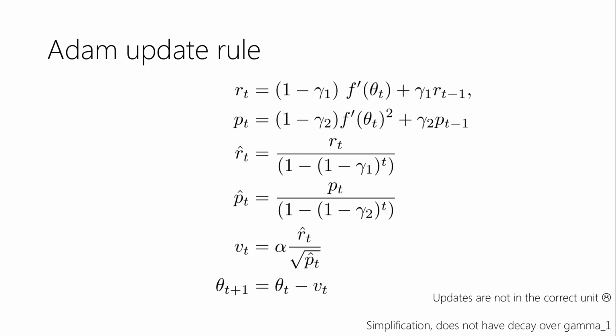Our method is designed to combine the advantages of two recent popular methods, AdaGrad, invented by Duchi et al. in 2011, which works well with sparse gradients, and RMSprop, invented by Tieleman and Hinton in 2012, which works well in online and non-stationary settings.